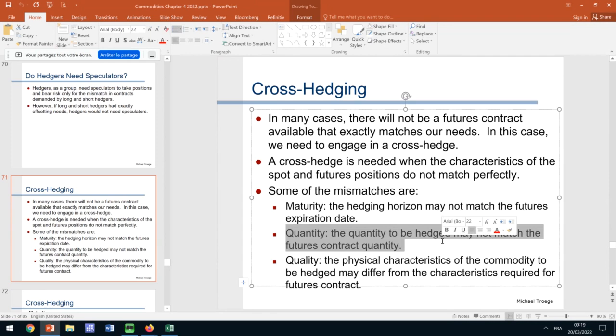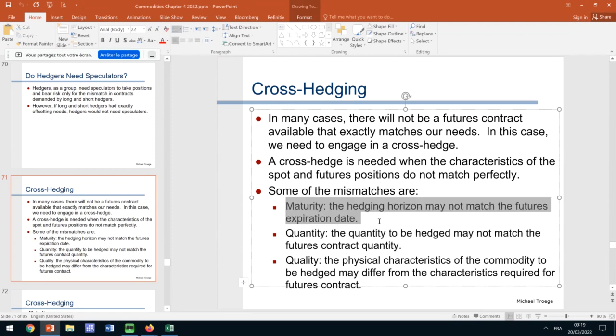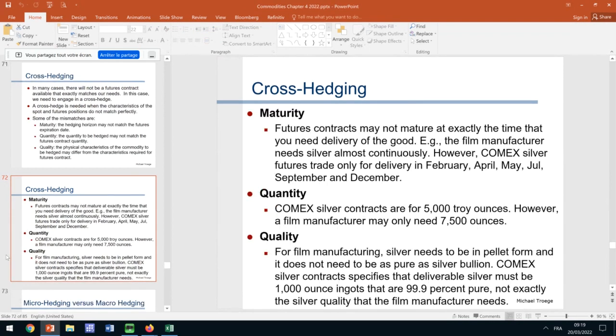So there's always going to be a part that you either overhedge or underhedge. And maybe also in terms of maturities: you want cattle to be delivered in, I don't know, July, but there's no July contract, so you have to use a contract that is not exactly of the same maturity. That's pretty obvious.